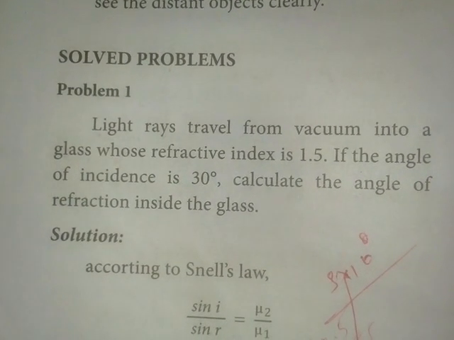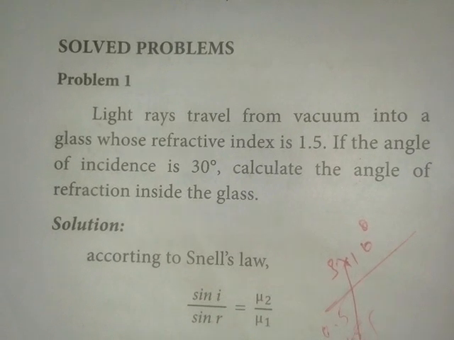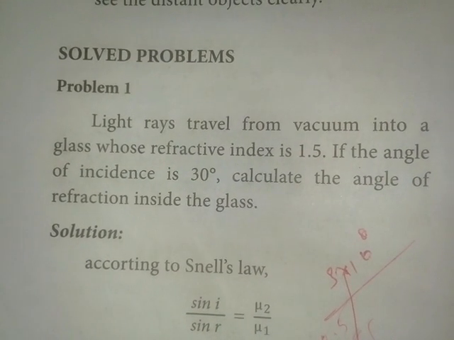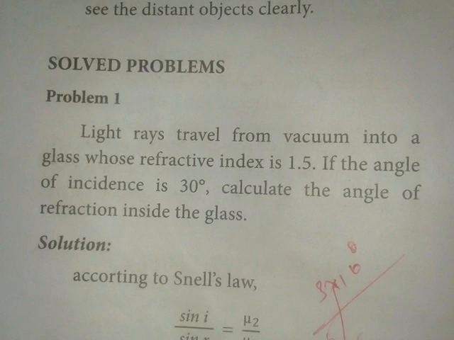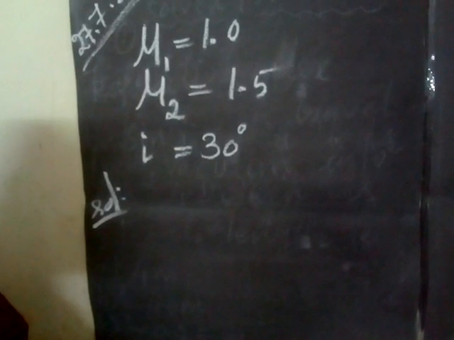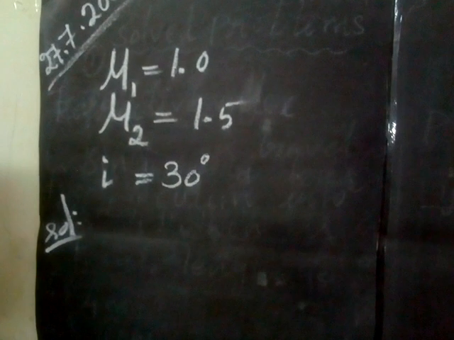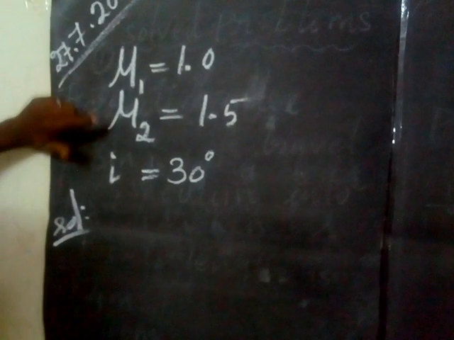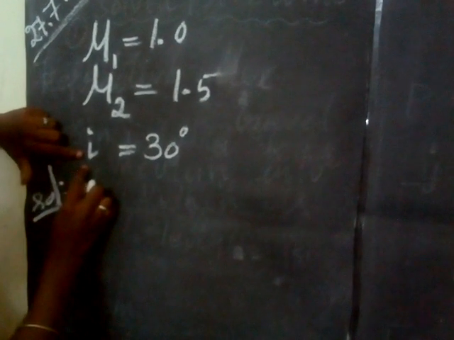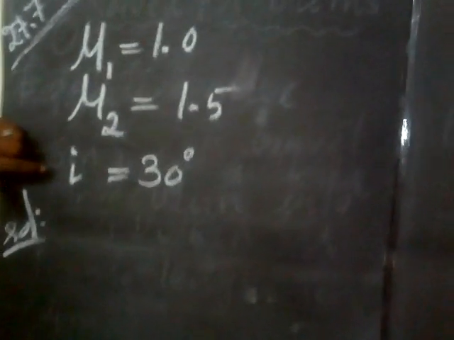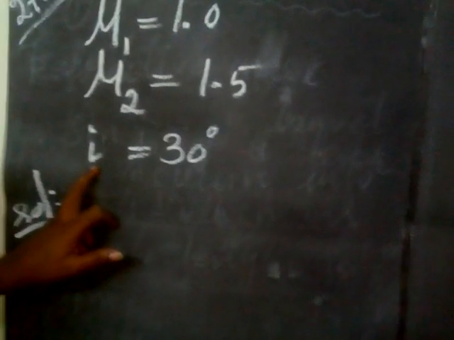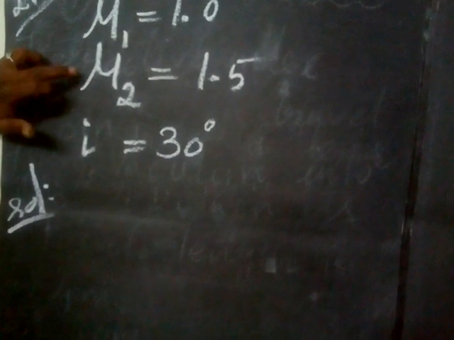From this question you have to calculate the angle of refraction inside the glass. From the question they have given the mu1 value, mu2 value and I. Here I is the angle of incidence. Then what are mu1 and mu2?